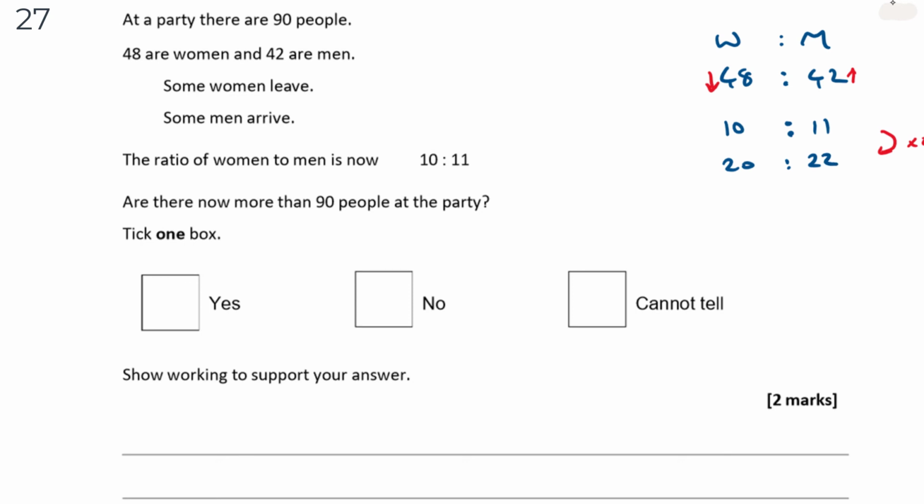If I multiplied it by 3, I would get 30 to 33. And if I multiplied it by 4, I'm going to get 40 to 44. Okay, so is there any other possibility? Now if I multiply it again, I'm going to get 50 to 55.